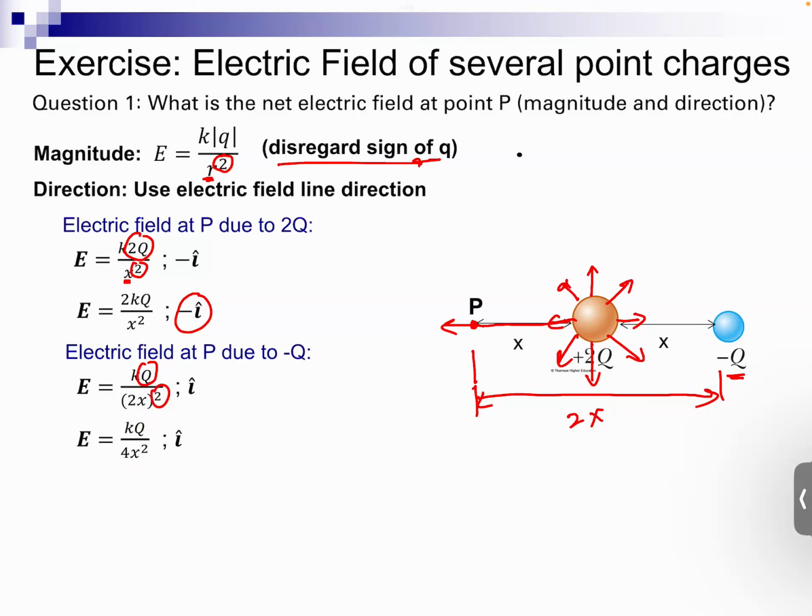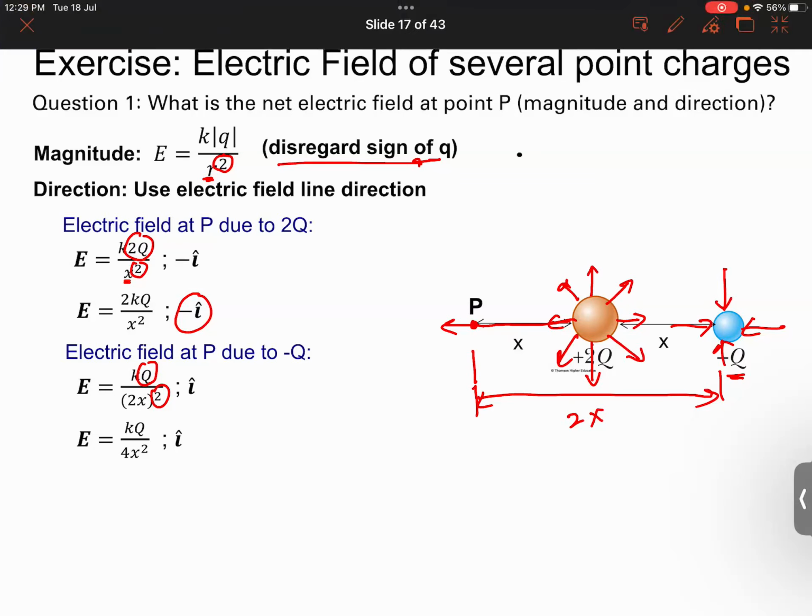And for the direction, this is a negative charge, so the electric field lines will point towards the negative charge. Of course, the electric field again permeates throughout all space. So at point P, maybe I should have used a different colored pen. These are the electric field lines for the -q charge.